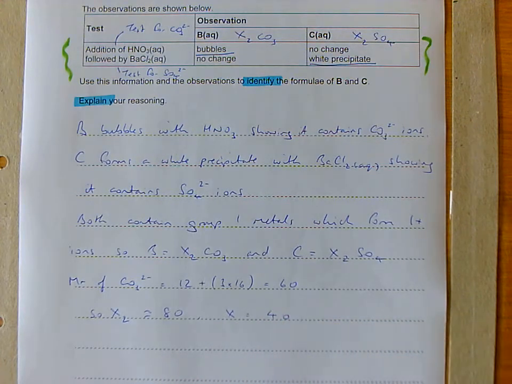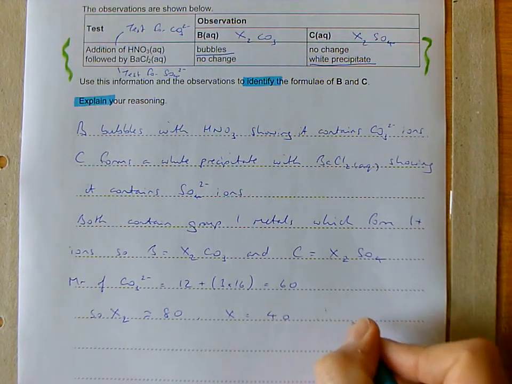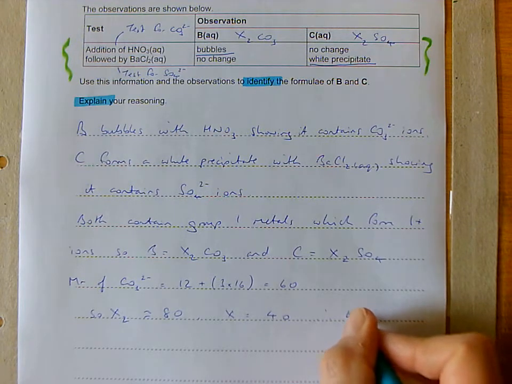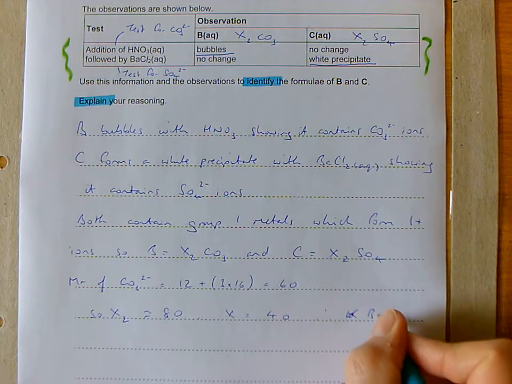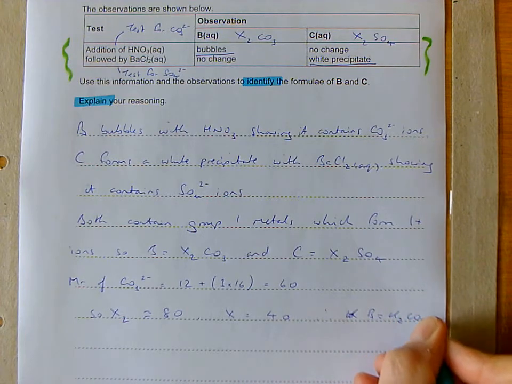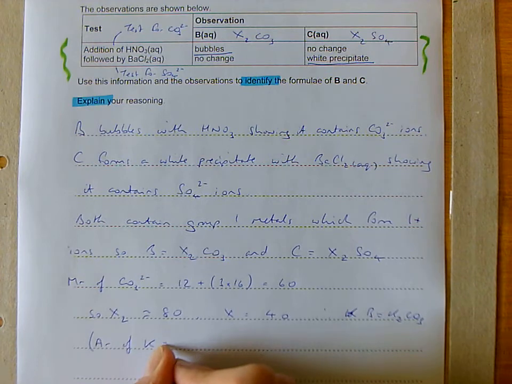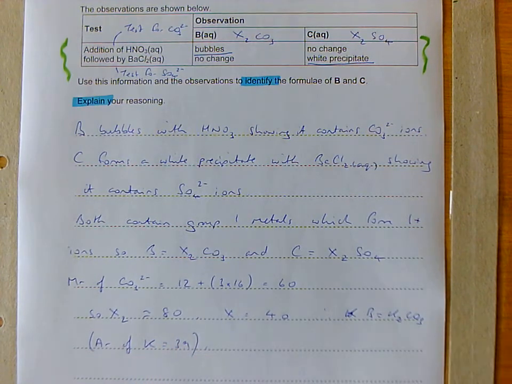And if we look at our group 1 metals, then the group 1 metal with an atomic mass of 40 is potassium. Okay, let's just say B equals K2CO3 (Ar of K equals 39). So that explains that.